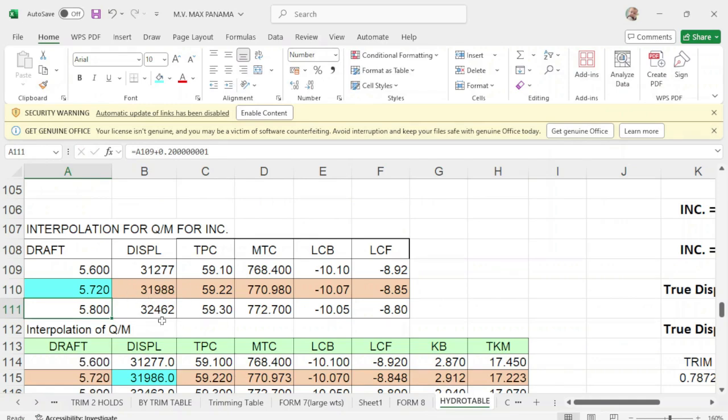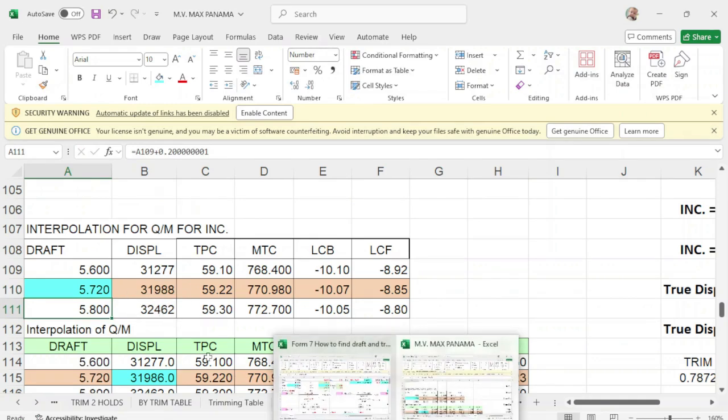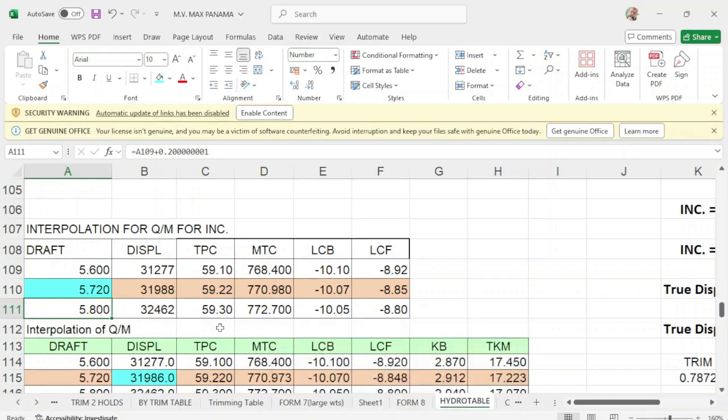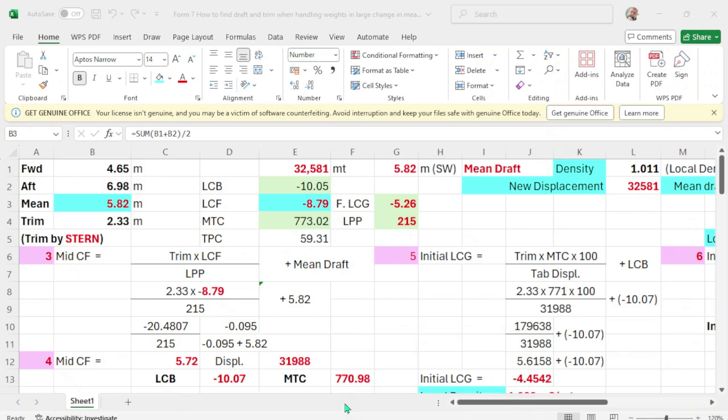So I just take this one, it doesn't matter, only a 2 times difference. So the correct displacement is 31988.